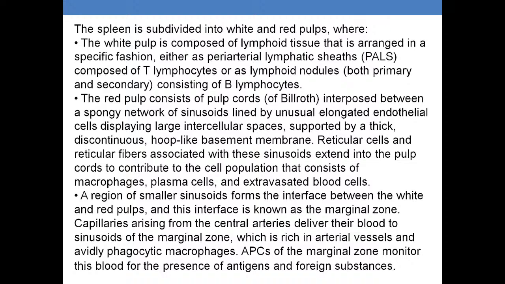Reticular cells and reticular fibers associated with these sinusoids extend into the pulp cords to contribute to the cell population that consists of macrophages, plasma cells, and extravasated blood cells.